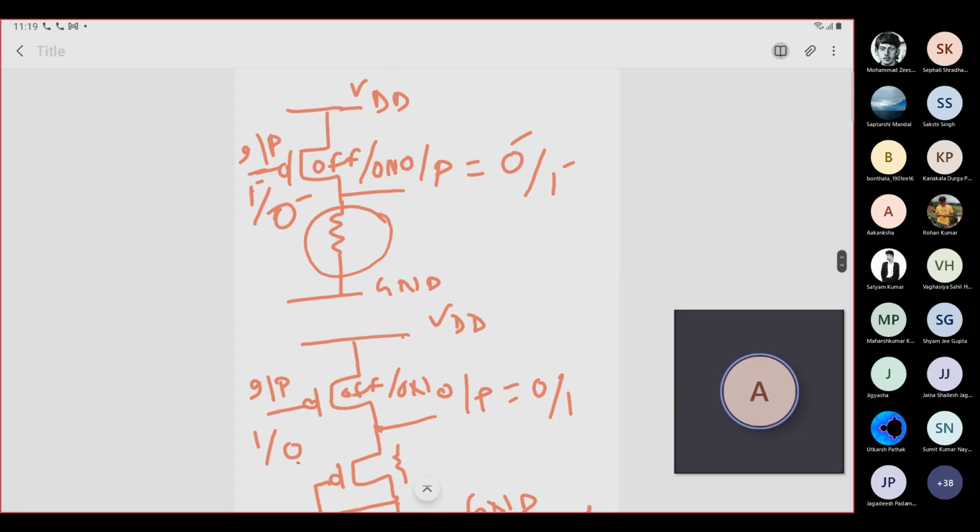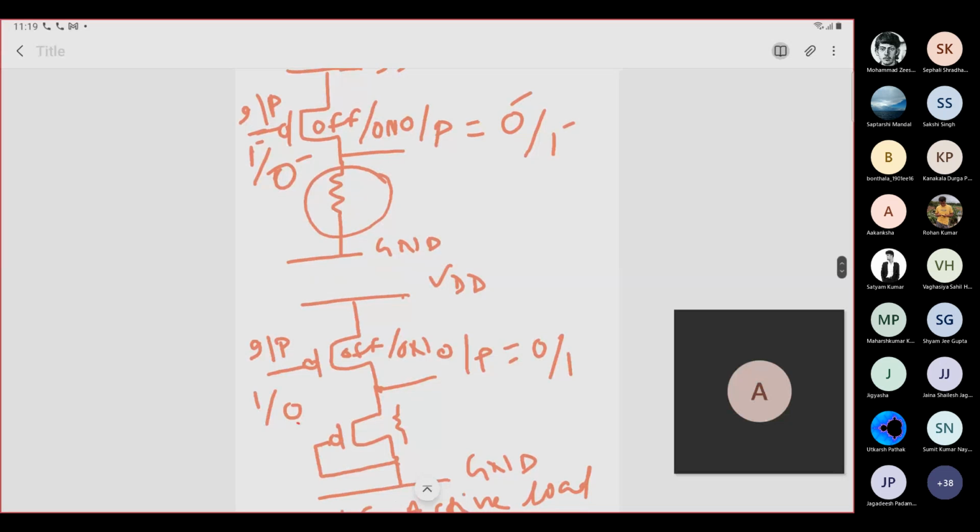See, one is a passive load. Do you know what a passive load and an active load are? Passive resistor and active resistor. Here the resistor is realized using a passive component, meaning you are realizing your resistor by designing a dedicated resistor on the silicon with a particular material.